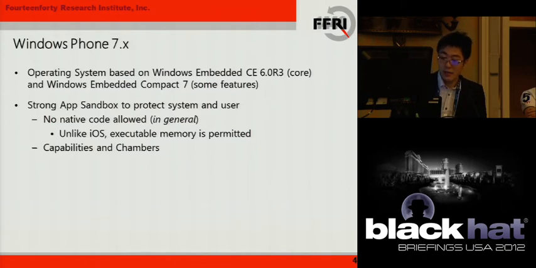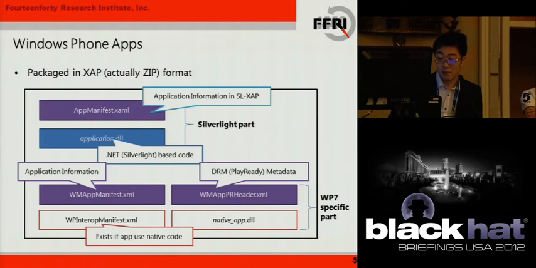So, this is the format of a Windows Phone application package. It's very similar to Silverlight's. In fact, a Windows Phone package is a Silverlight package with a few extensions. The main difference is WMAppManifest.xml.